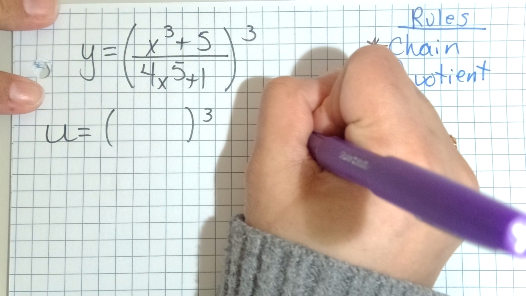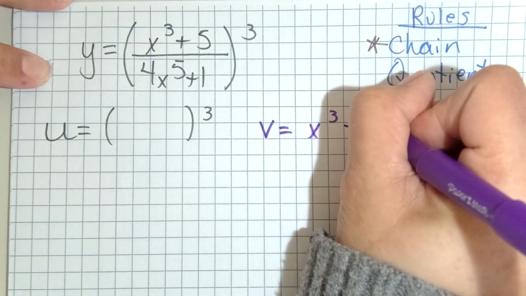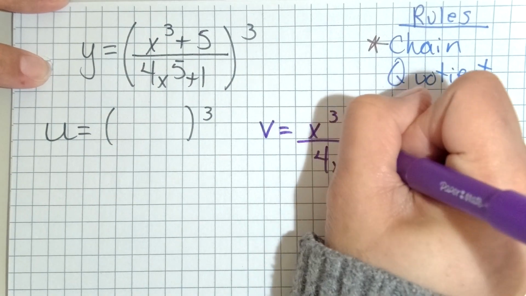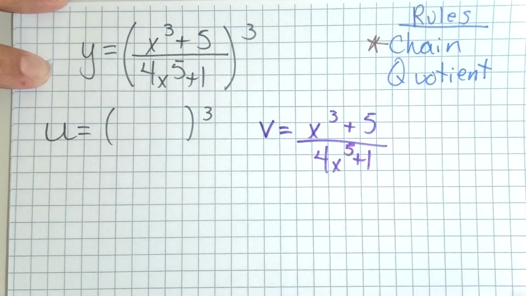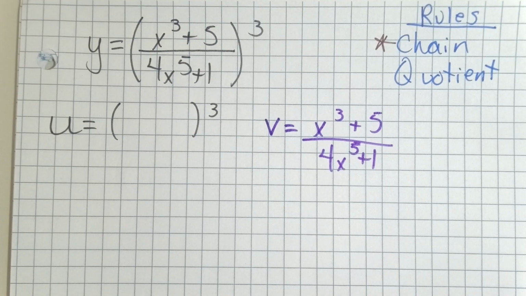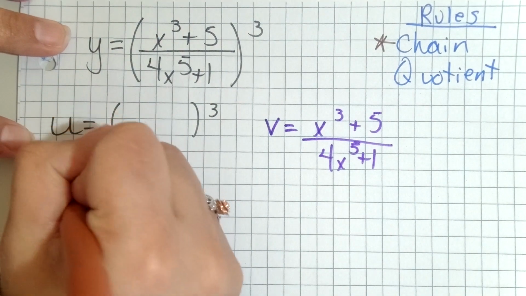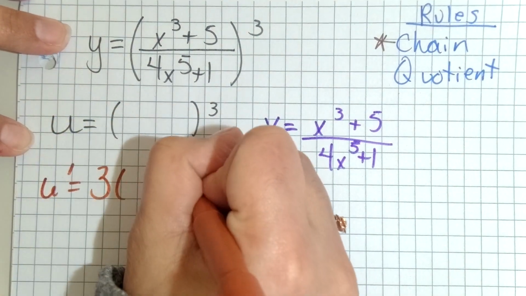Now v is going to be what? Everything on the inside. X cubed plus 5 over 4x to the 5th plus 1. Okay? Questions? Are we sure? Okay. All right. So then u prime is easy because it's 3 parentheses squared. Questions on that?